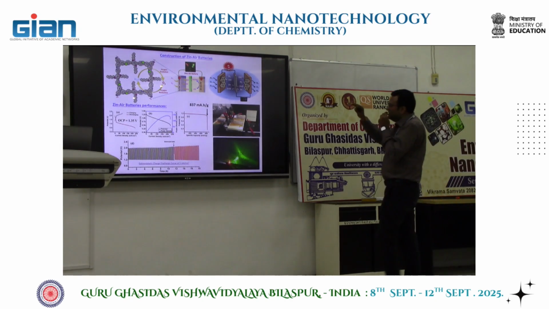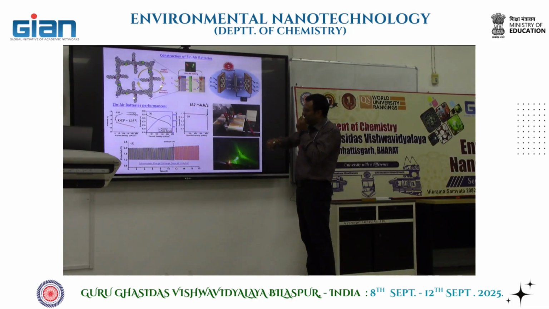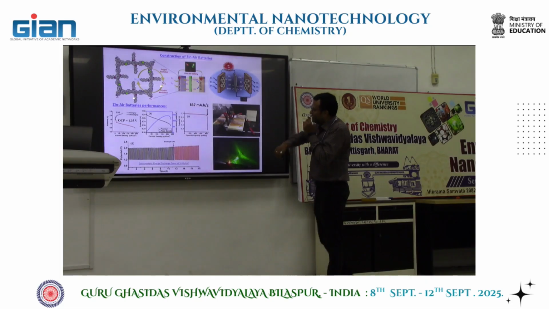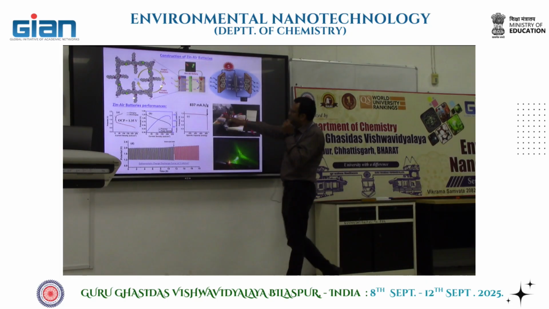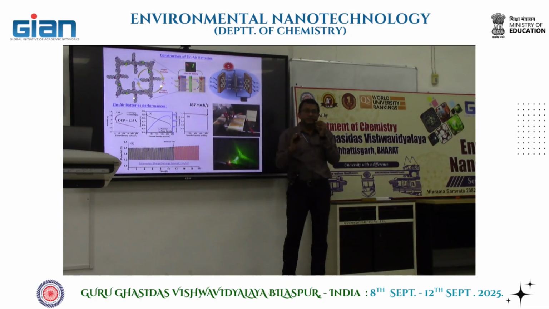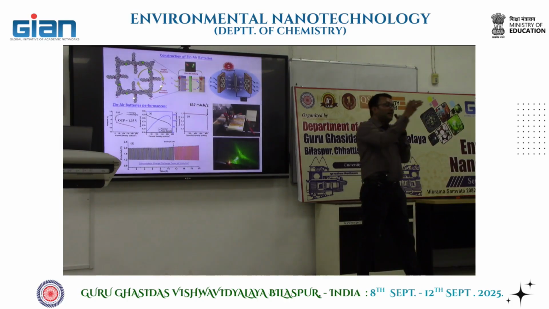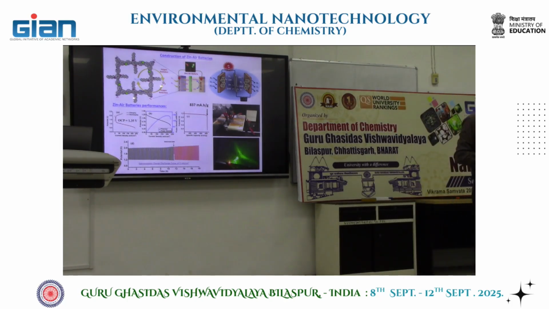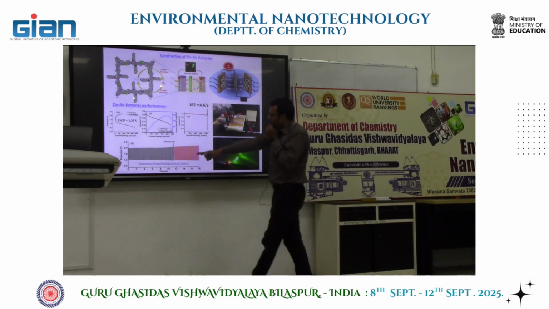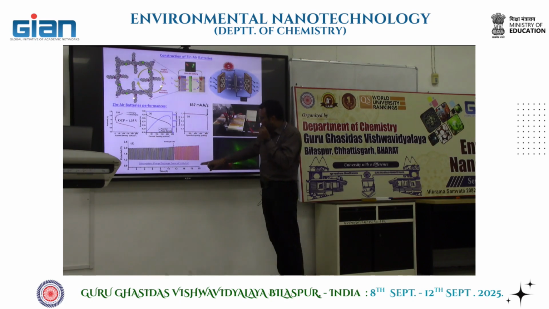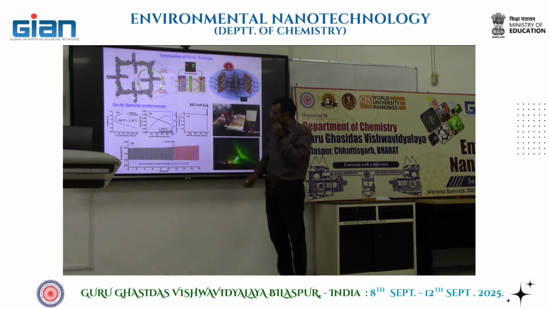Now, zinc air battery performance: open circuit potential was 1.35 and specific capacity was 837, which is comparable with the market available products. An important point is that if you see the charge discharge curve, that was performed for almost 18 hours.